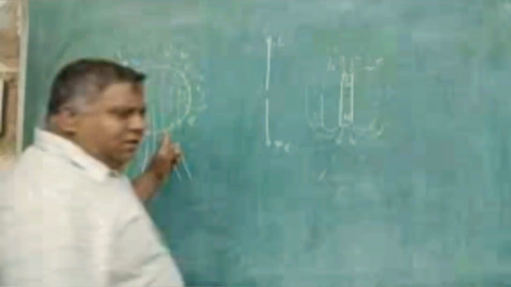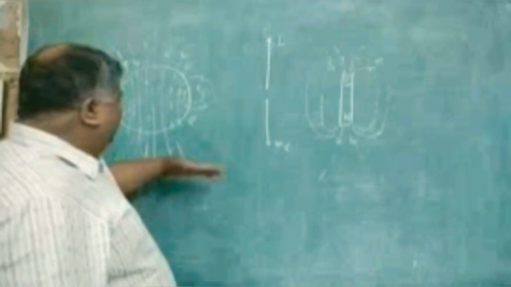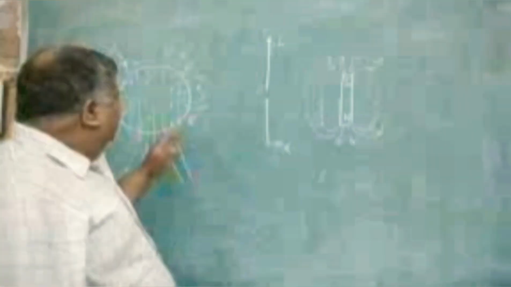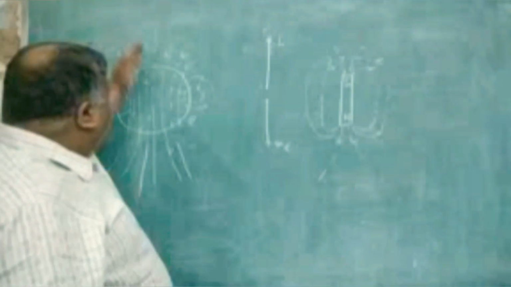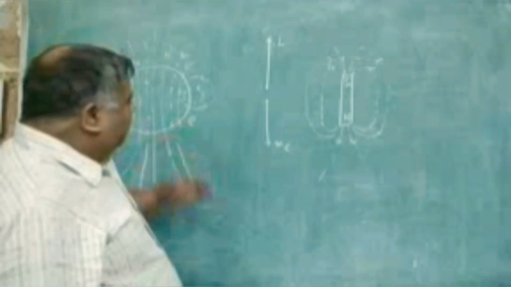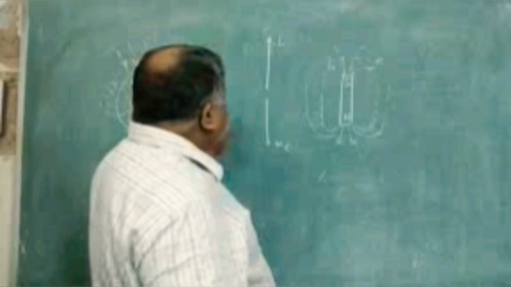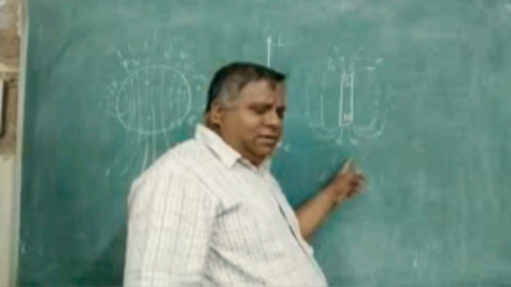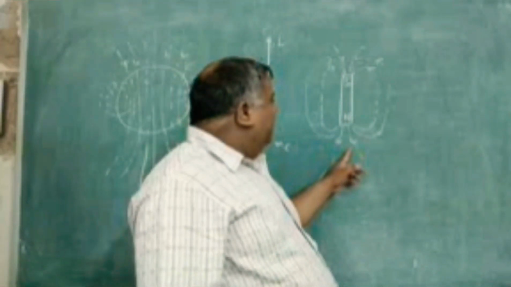So it is the orbit of an electron. The electron is moving in a plane orbit. The magnetic field of this loop is shown here. So the magnetic field is equivalent to the magnetic field of this magnetic dipole, which is a magnet.